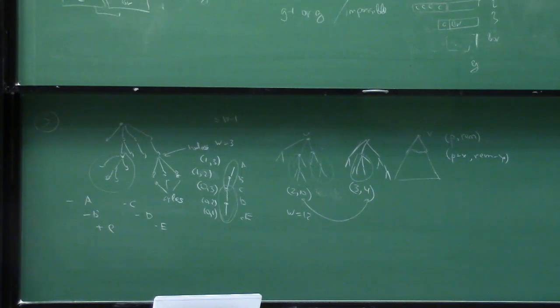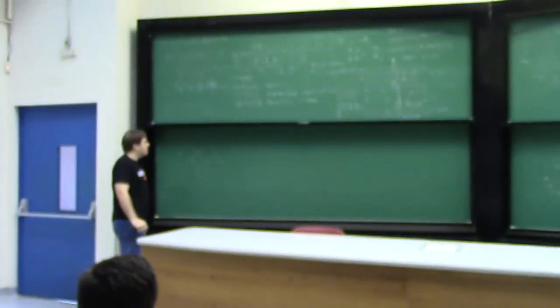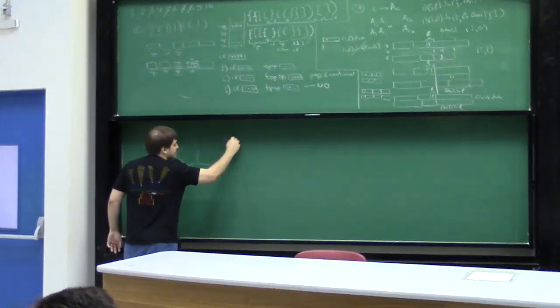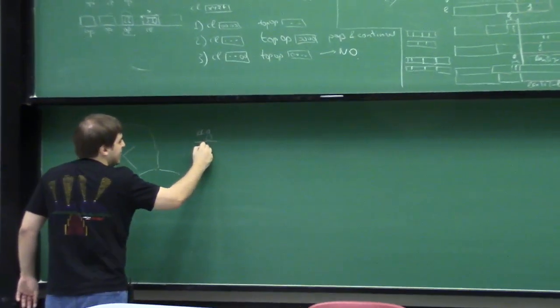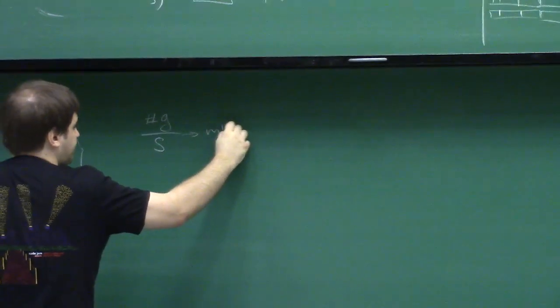Problem 10 was about a planar graph, about a set of vertices and edges that are drawn on the plane, and you were asked the following question. We want to choose some guarded area here such that the ratio of the number of guards divided by the area is as small as possible.